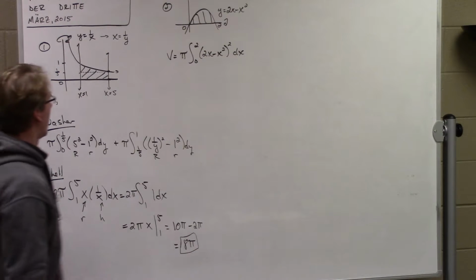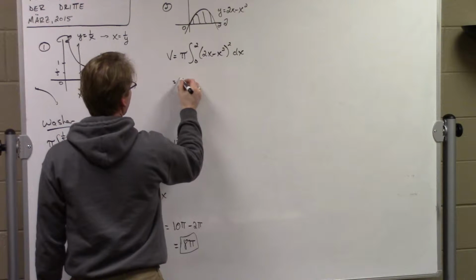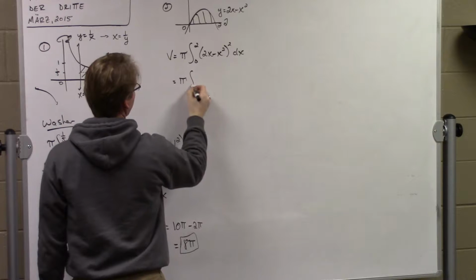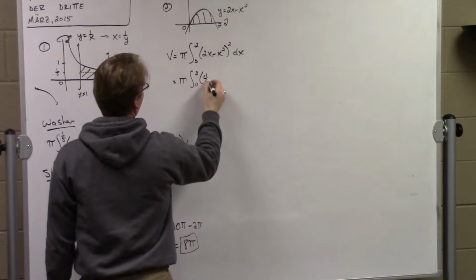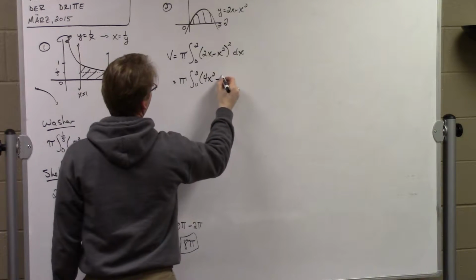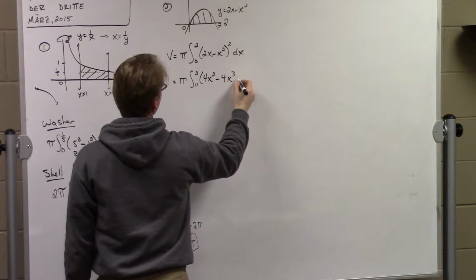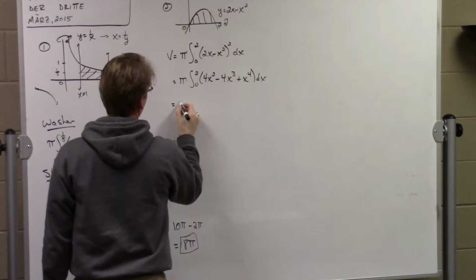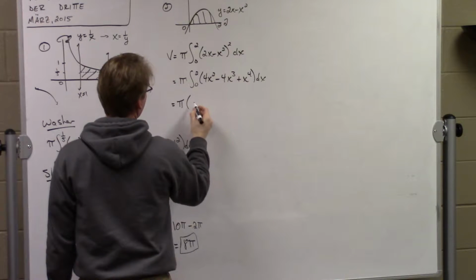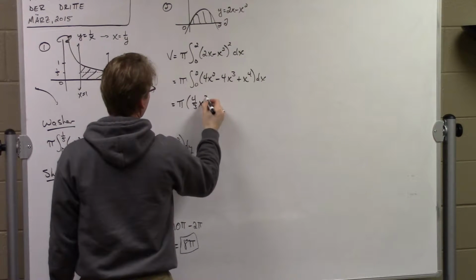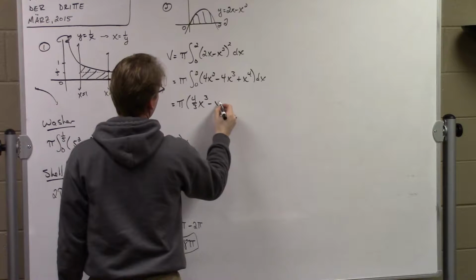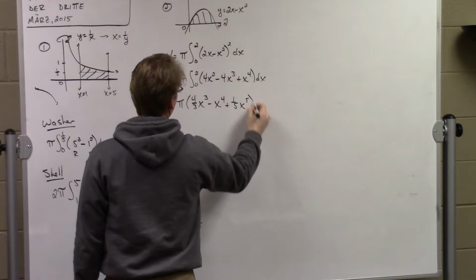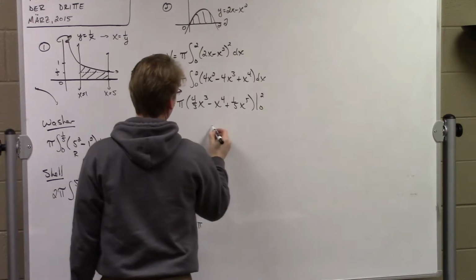Good. Let's see, antiderivative. Before we can take an antiderivative, probably need to multiply that out. 4x squared minus 4x cubed plus x to the 4th dx. Pi, 4/3 x cubed minus x to the 4th plus 1/5 x to the 5th from 0 to 2.